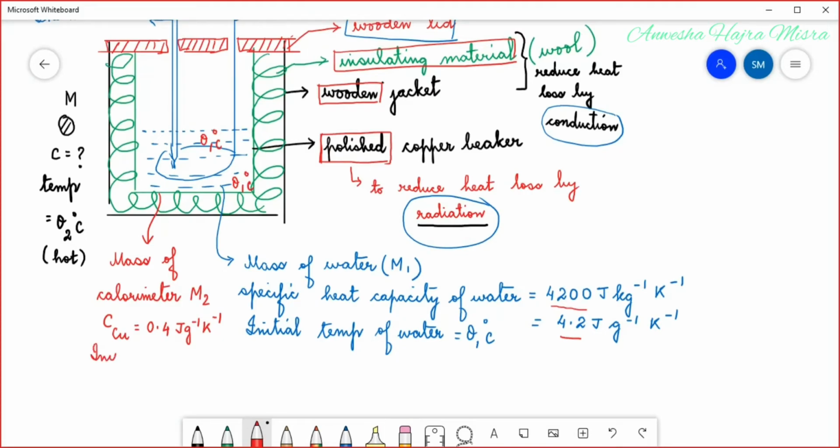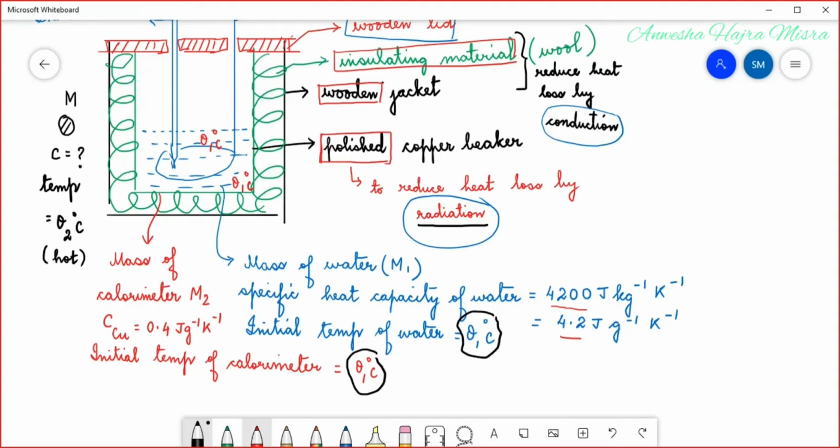So the initial temperature of the calorimeter is theta 1 degrees Celsius. The temperature of the calorimeter and its contents is the same.